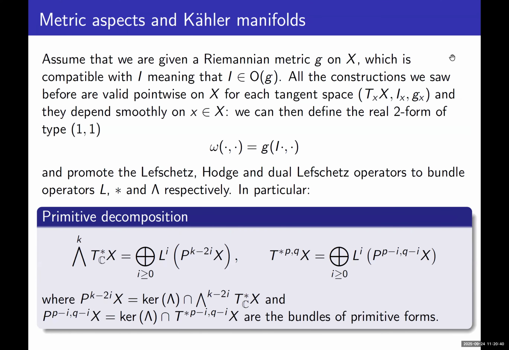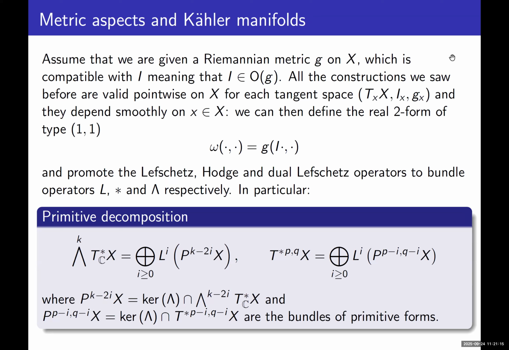As we did before, now we introduce a metric. The Riemannian metric we are considering must be compatible with the complex structure, in the sense that, of course, J must be orthogonal with respect to g, and we can define the fundamental form for this metric. And then all that we saw before, so the Lefschetz operator, the Hodge star operator, and the adjoint of the Lefschetz operator, can be promoted to bundle operators, which will have the same names, L, star, and lambda.